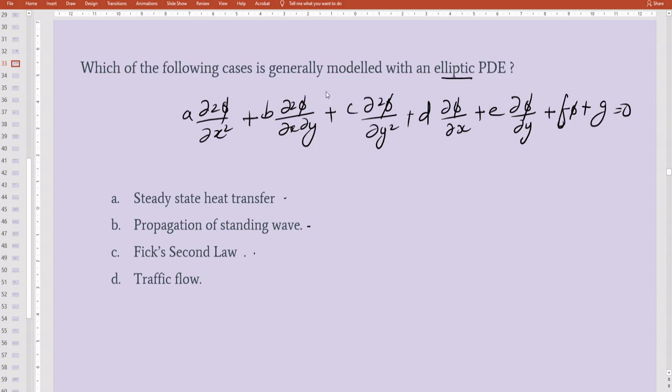From the formulation itself, we can see this is a second order PDE.